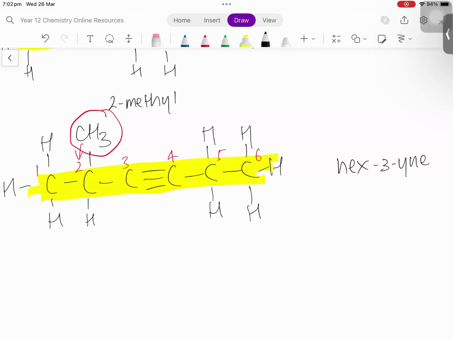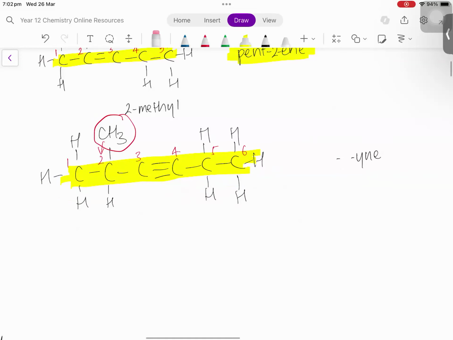So you're going to put it in front of your parent chain name. So this is going to be 2-methylhex-3-yne. Okay, 2-methylhex-3-yne. Yeah, that's so good. What did you say earlier? I forgot. Yeah, 2-methylhex-3-yne. Okay, cool.